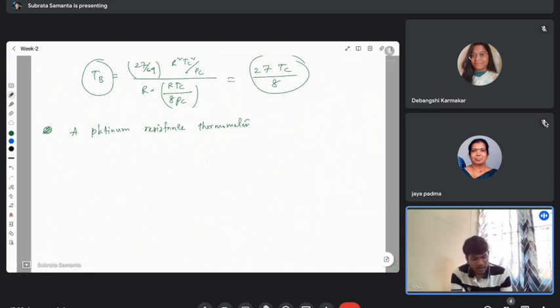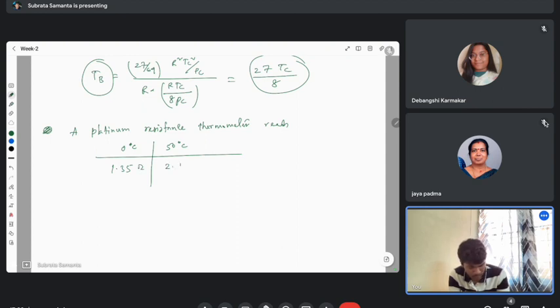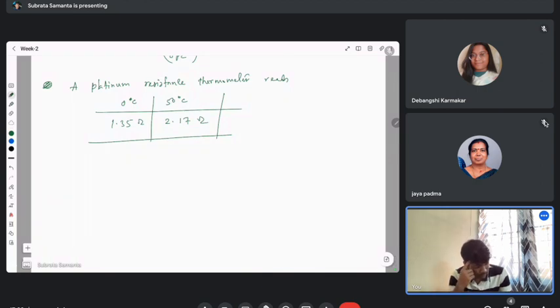Okay, so now this formula is slightly different. A platinum resistance thermometer, let's say, reads 1.35 ohm at 0 degree centigrade, and at 50 degrees centigrade, 1.35... and 2.17, and 2.89.